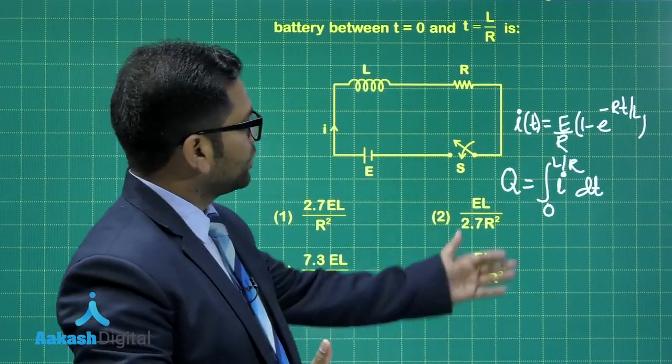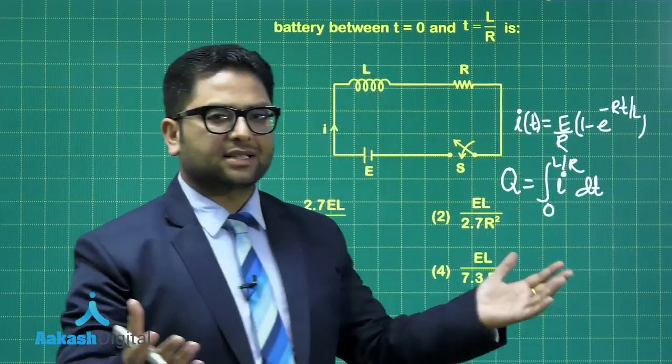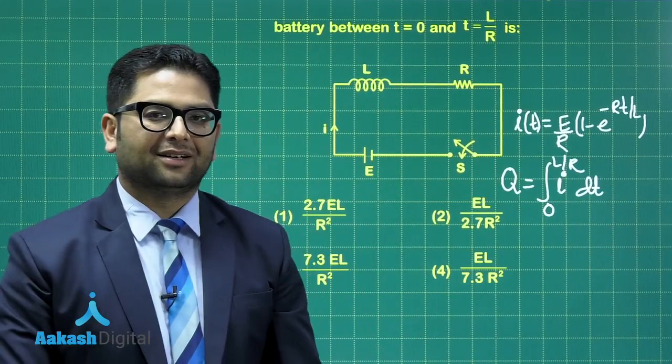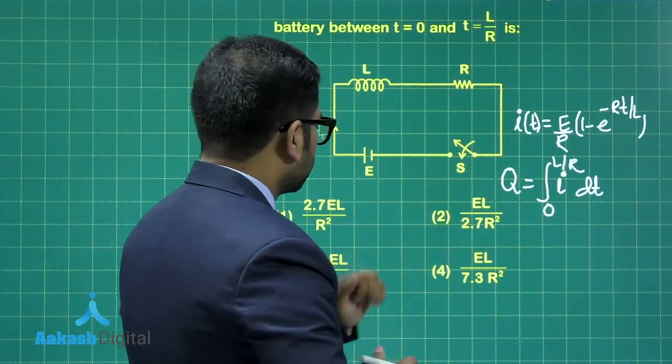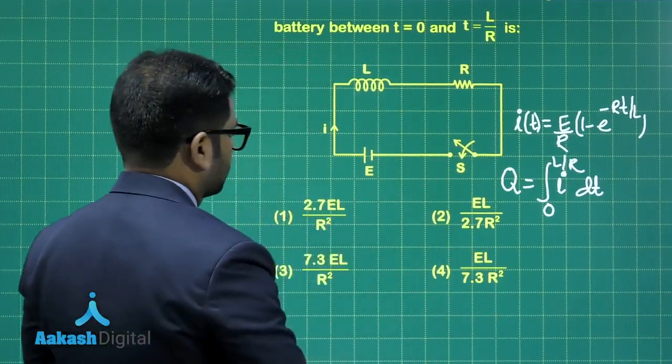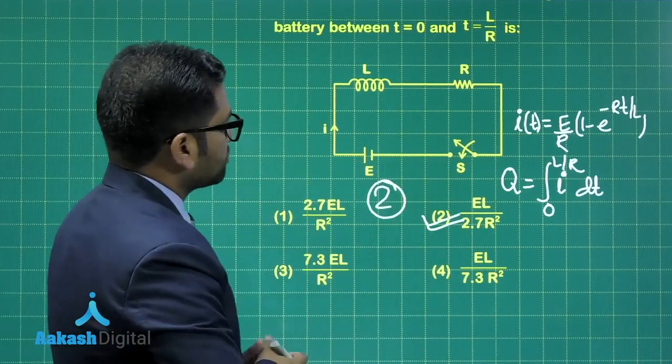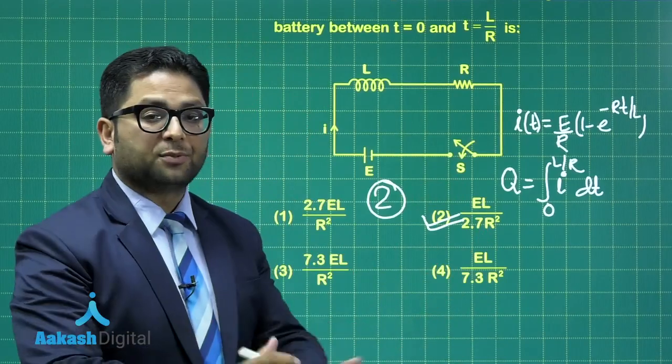All you need to do is calculate, and yes, e raised to the power 1, the value is a standard one, 2.7. So with that information, when you solve for the total charge that has passed, option number 2 is going to be the correct option for this question. Let's move to the next.